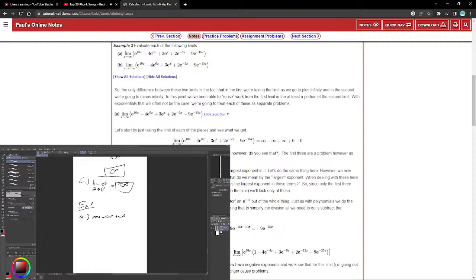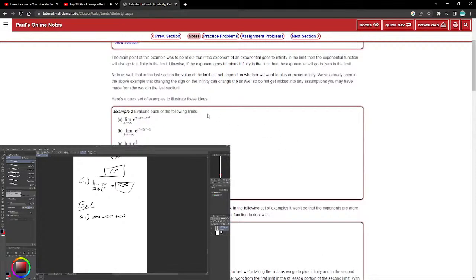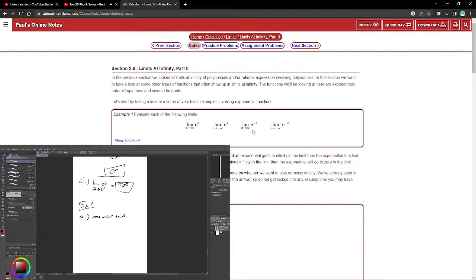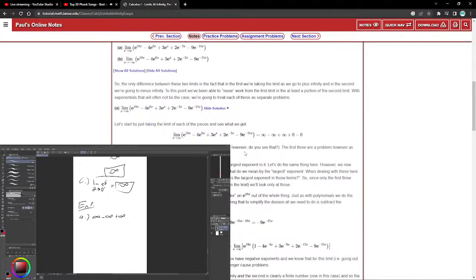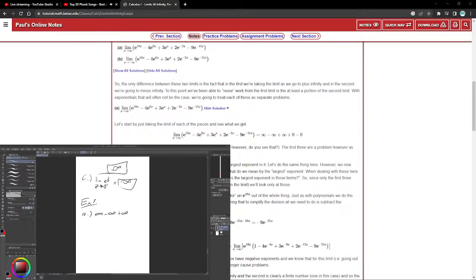It's a negative here. It's e approaches negative infinity. What did we say that was? Zero. So that should be 0, right? Yeah. Then minus 0.